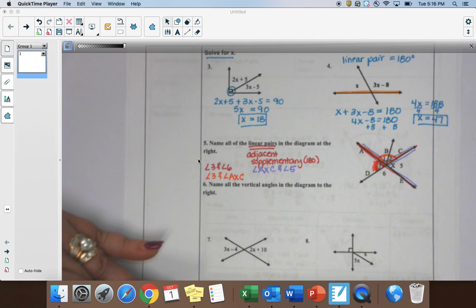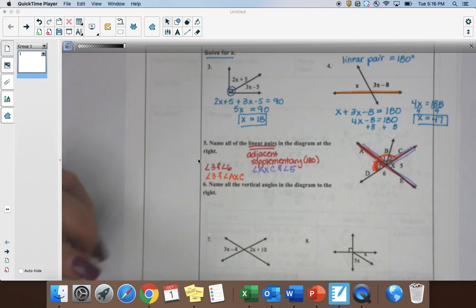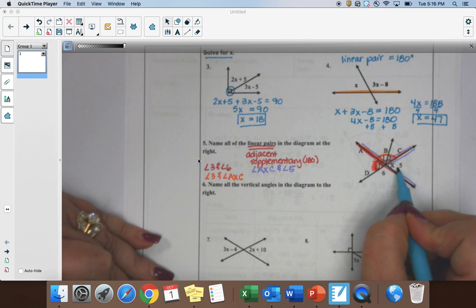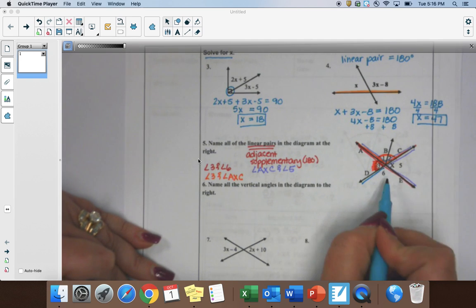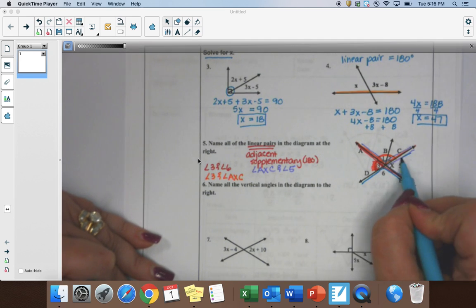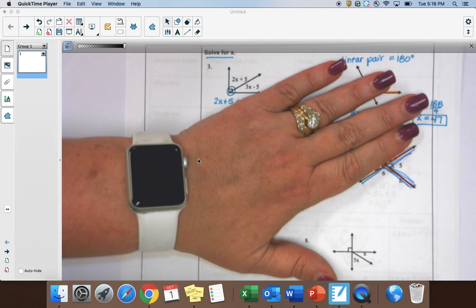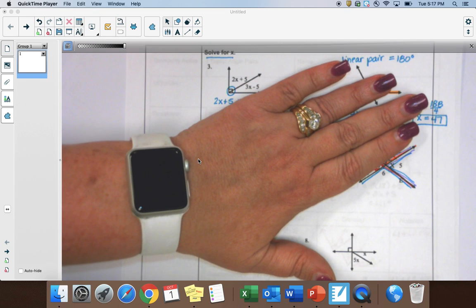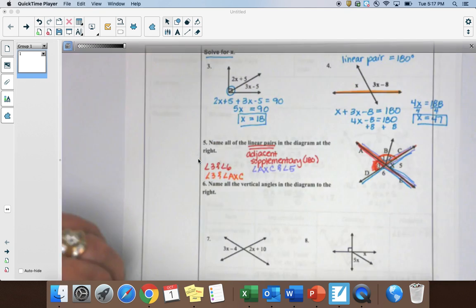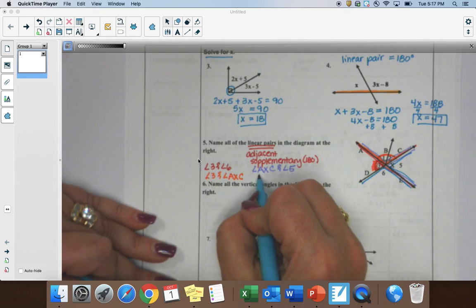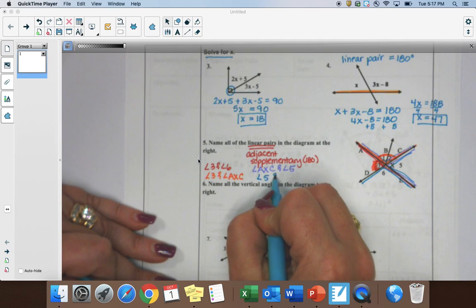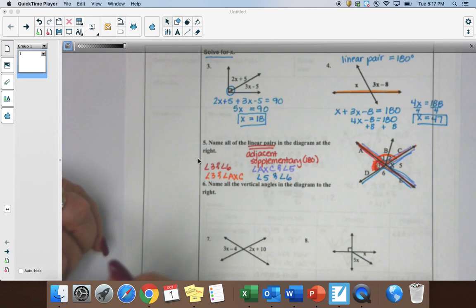And then we also have angle 5 and angle 6. We have this angle here and this angle here. If you cover it up, you can see they just make a straight line. If you need to, use an index card or a ruler or your hand and cover them up and see which ones match. So we could do angle 5 and angle 6.